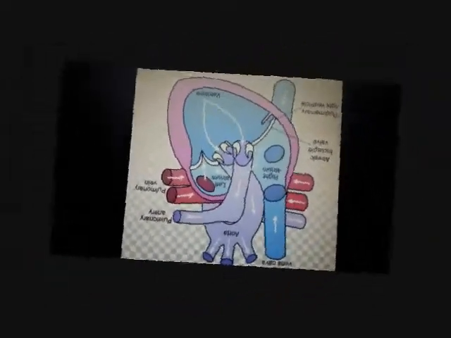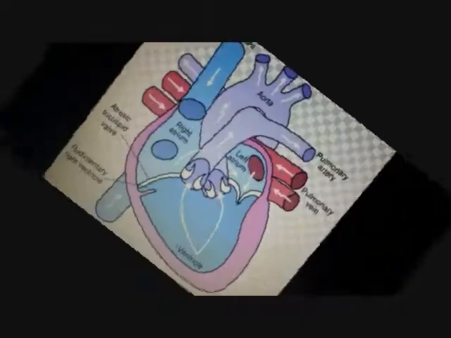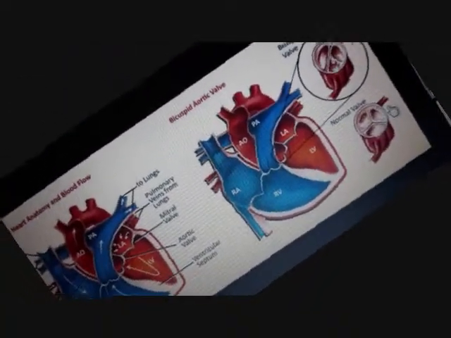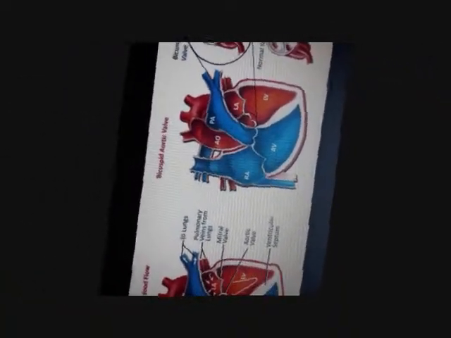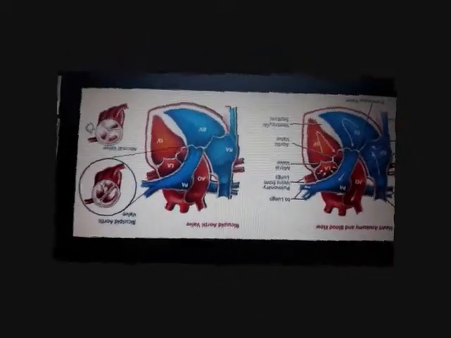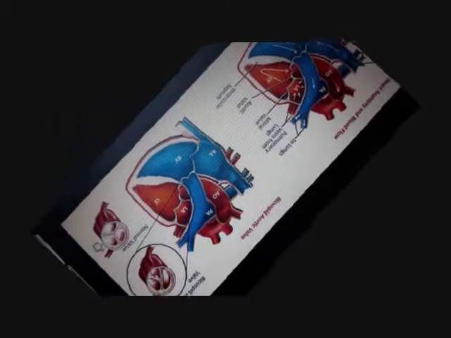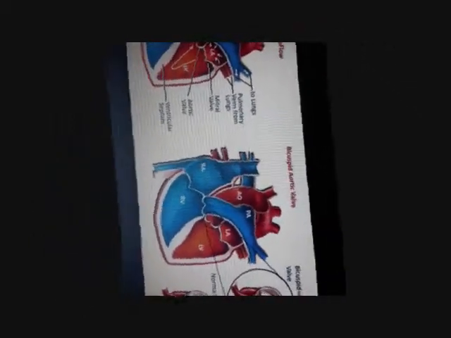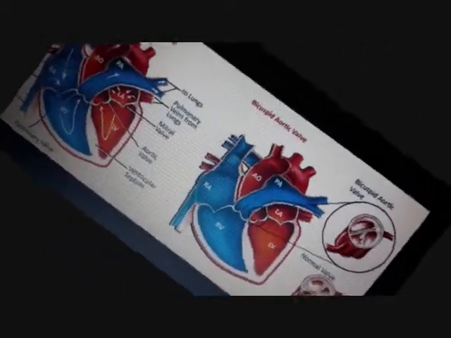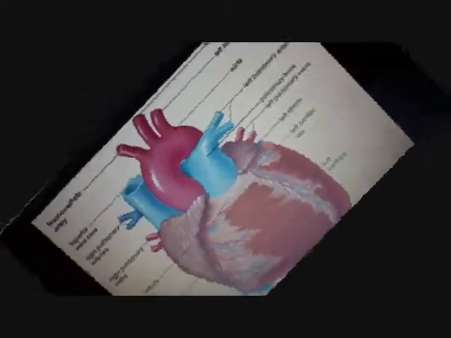Name the valves located between the atria and the ventricle of the heart. The valve between the atria and the ventricle of the heart is the tricuspid. The valve on the right side of the heart has three little flaps. Tri, because tricuspid.